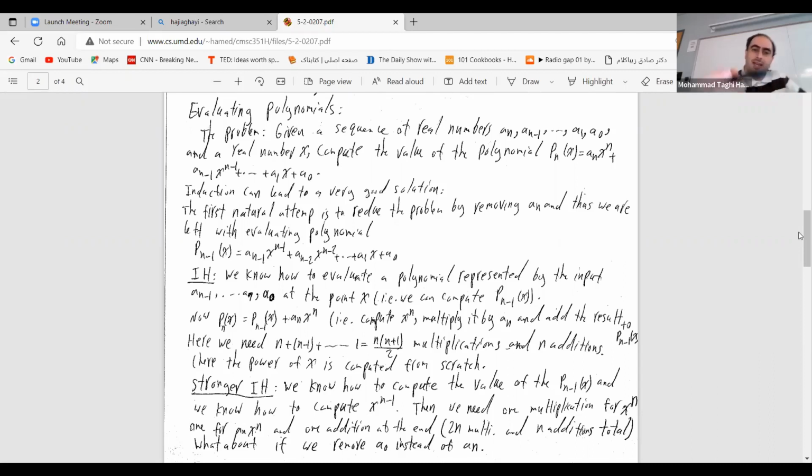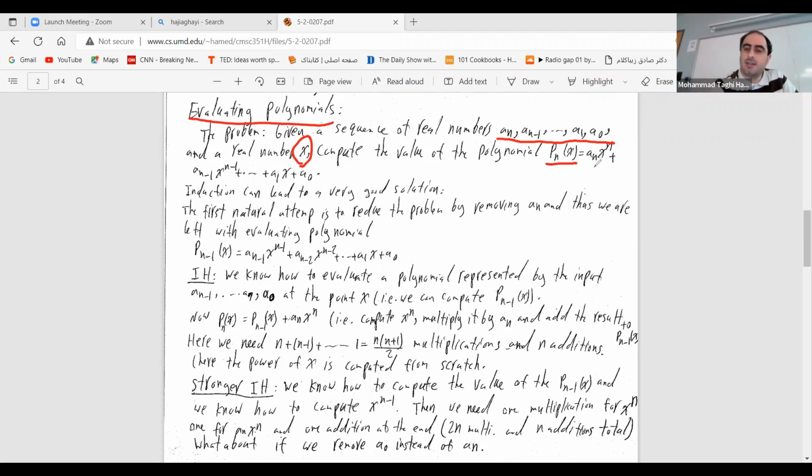Good. Now let's see another important problem: evaluating a polynomial. You are given a polynomial, so these are real numbers a1, a2, an. These are like float or double in C++ or Python. These are given to you, and a real number x is also given to you. You want to see what is Pn of x.